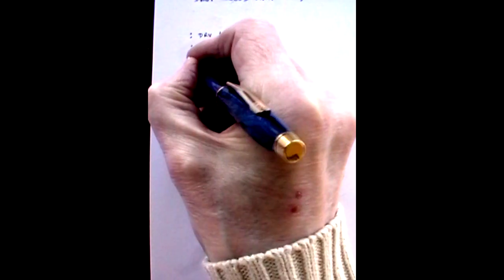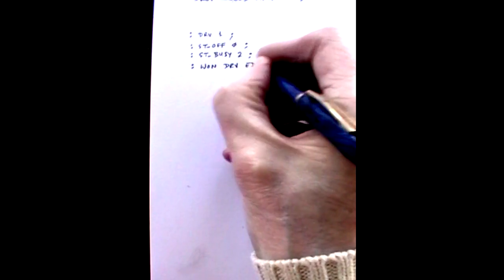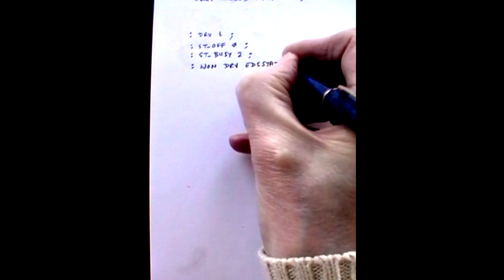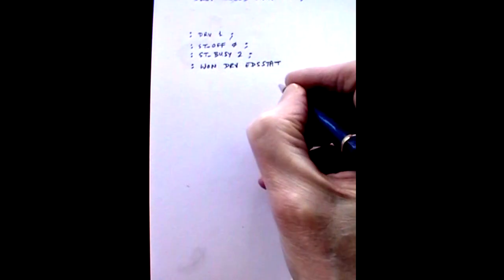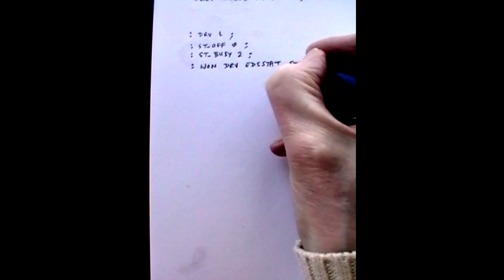And now a word that says wait for drive to be on. Wait on. Put the drive number. EDS stat is a system word which means get the status for that drive, and it will put the value on the stack, and we're going to compare it with status off.